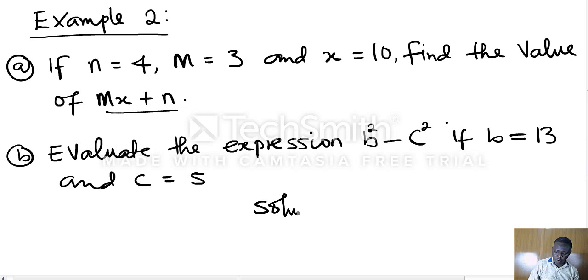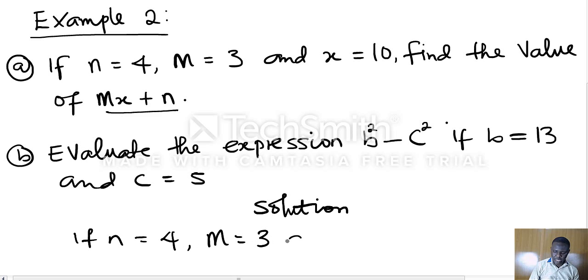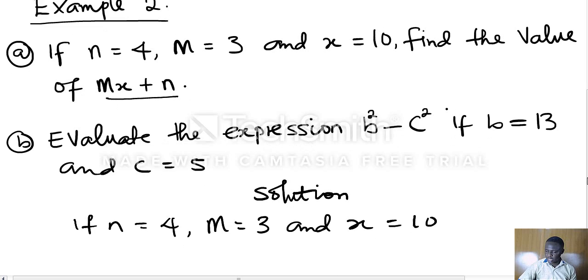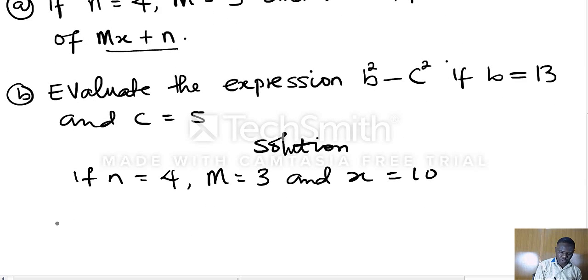So therefore, solution: if n is equal to 4, m is equal to 3, and x is equal to 10, we are going to get our expression mx plus n will be equal to, we then substitute the corresponding values for m, x, and n as follows.